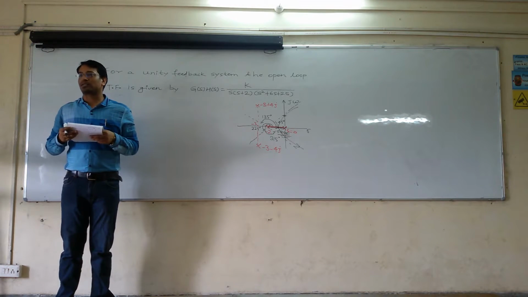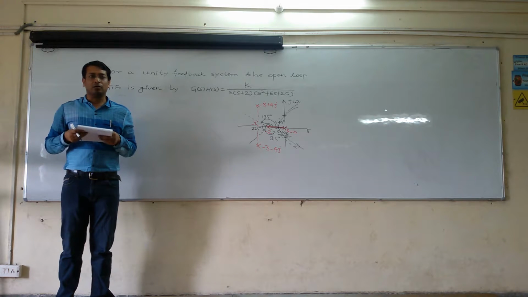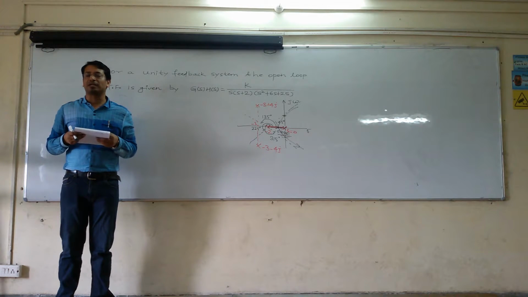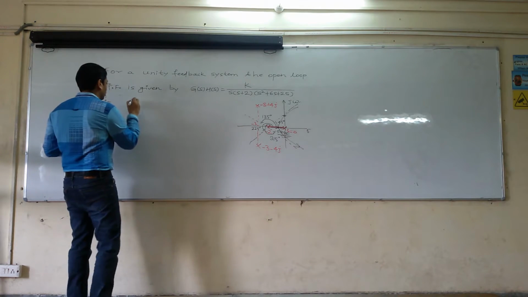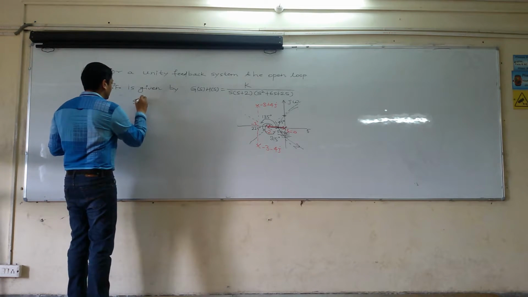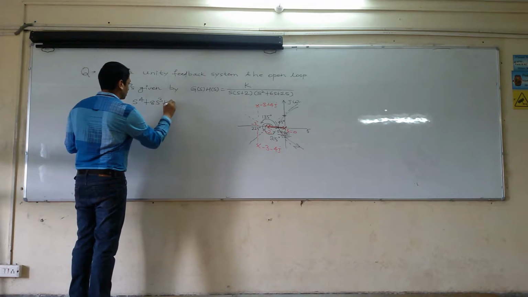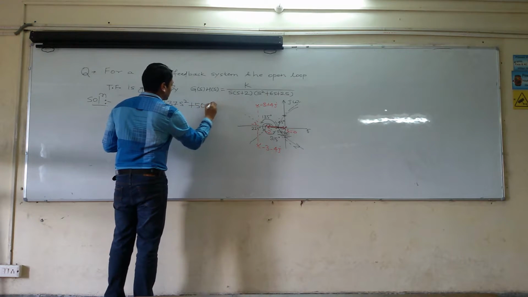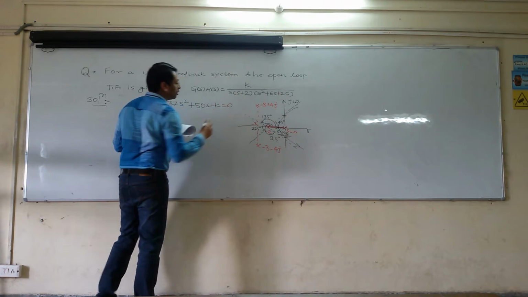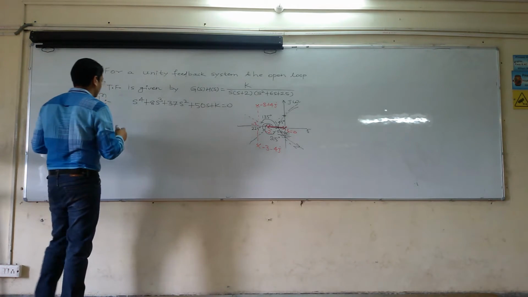For this you start with our characteristic equation, and your job is to construct a Routh array for the given characteristic equation. Our characteristic equation is s to the power 4 plus 8s cube plus 37s square plus 50s plus k equal to 0. You have to construct a Routh array for this.